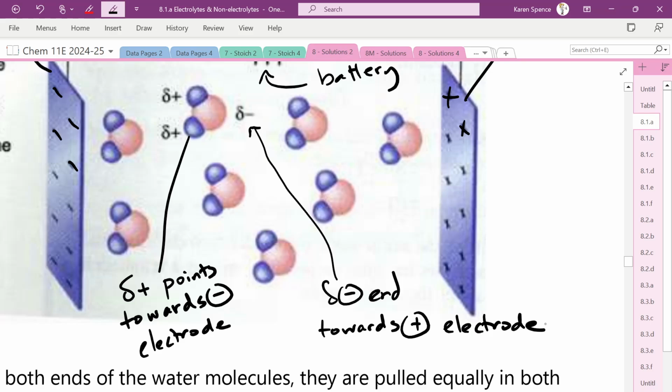Now, there will still be random movement. The particles will still move around, but instead of moving around like this, they'll move around like this. You see the difference?